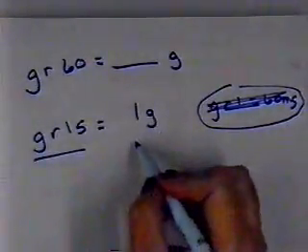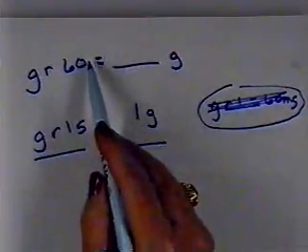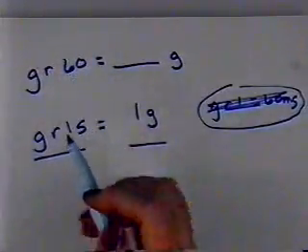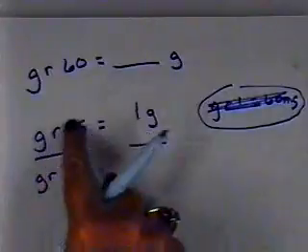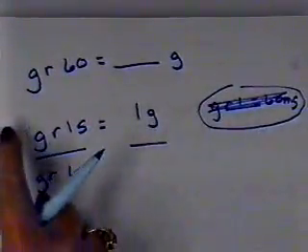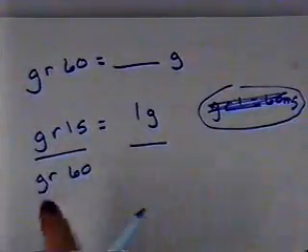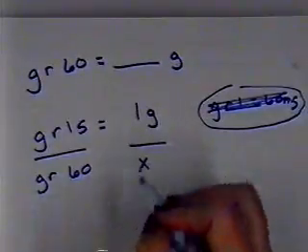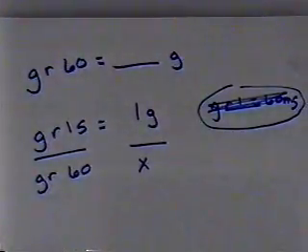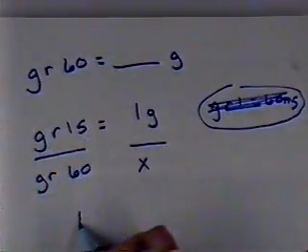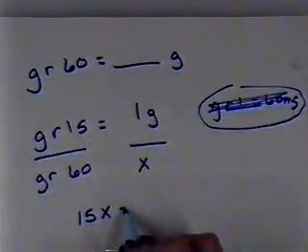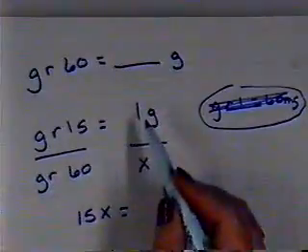Then we're going to make a proportion out of it. If I have 60 grains, put grains under grains. This comes straight from the table. Put grain under grain. So here's our X. So when I multiply, I have 15X is equal to 60 times 1.